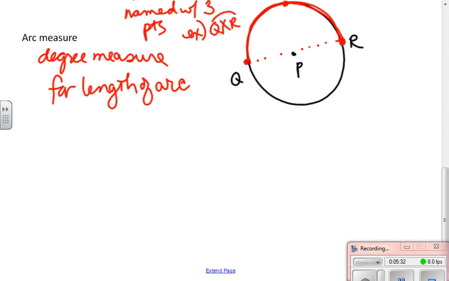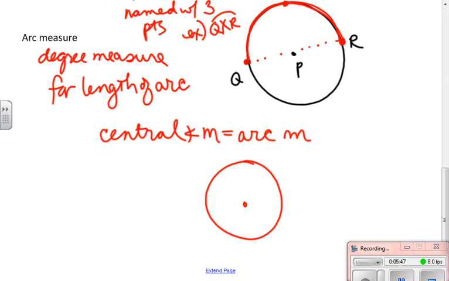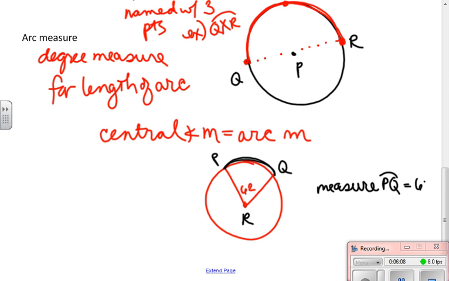When we talk about arc measure, the central angle measure equals the arc measure. So whatever our central angle is that cuts that arc off, let's say this is 62 degrees, then this arc, which we'll call PQ for circle R, the measure of PQ is equal to 62 degrees because the central angle and the arc have the same measure.